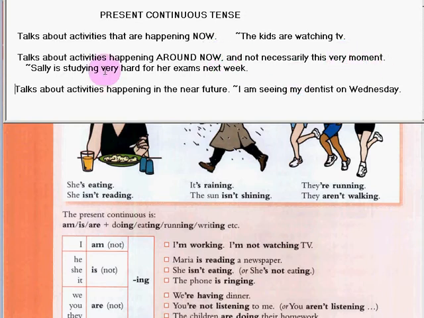For example, Sally is studying very hard for her exams next week. That doesn't mean she is studying this very moment, right? The third one talks about activities happening in the near future. For example, I am seeing my dentist on Wednesday.